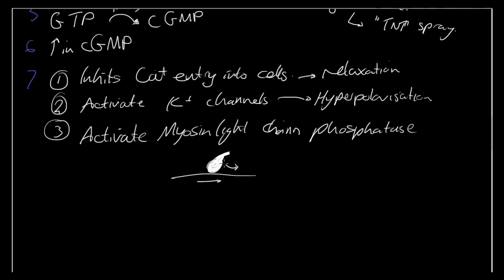So it basically relaxes the myosin head, so we end up in relaxation. That's very clear. Relaxation. And so we'll just say the end result of this is smooth muscle relaxation.